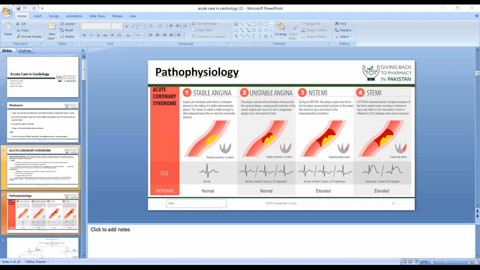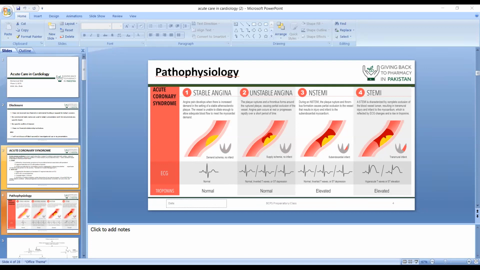Stable angina is when you know that after walking so many steps, you will feel chest pain, because your heart can work maximum up to this limit. But if you feel the same chest pain with fewer steps, or more chest pain with the same number of steps, it converts into unstable angina.